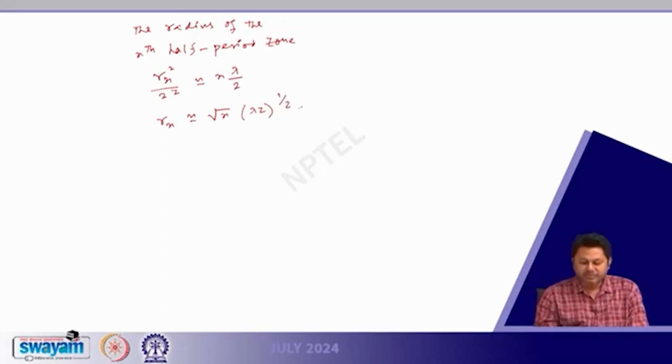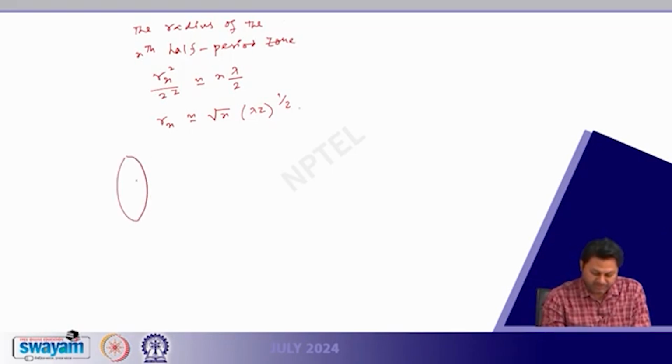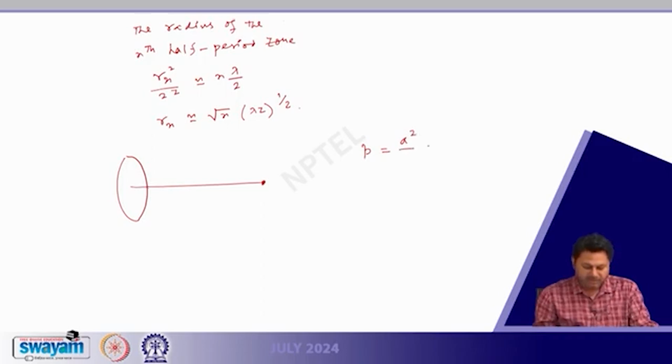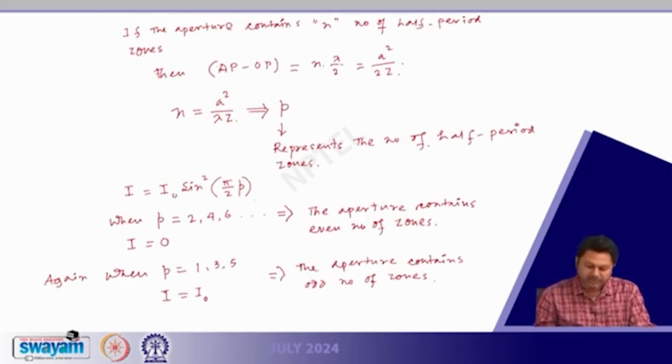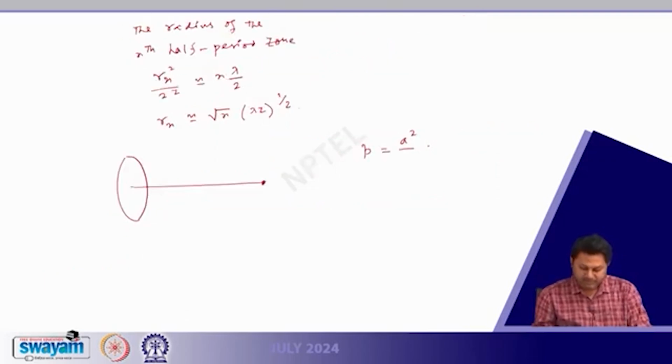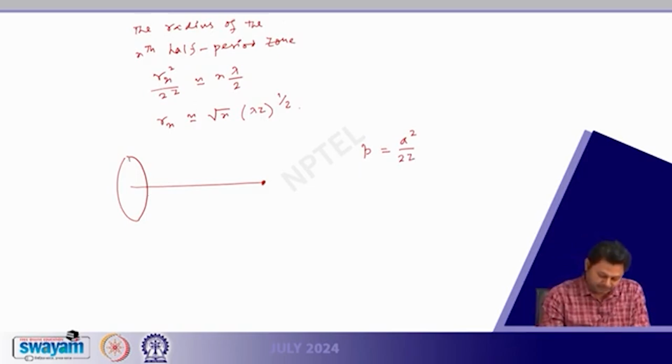So that was the radius of the nth zone. That means if P is related to the number of zones, and P is a square divided by lambda z, that is this A.